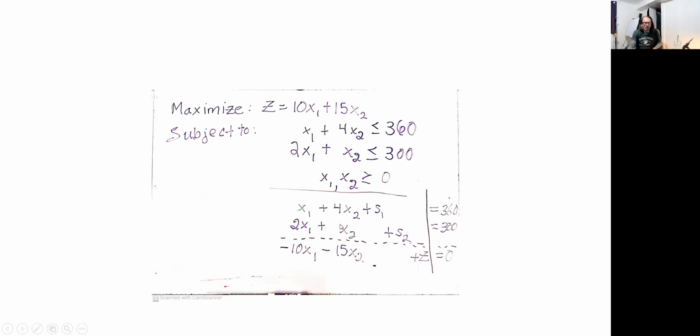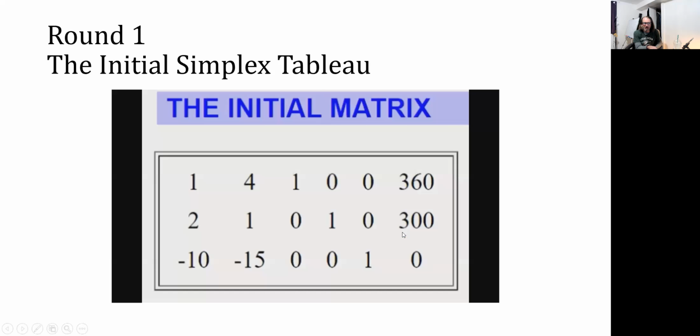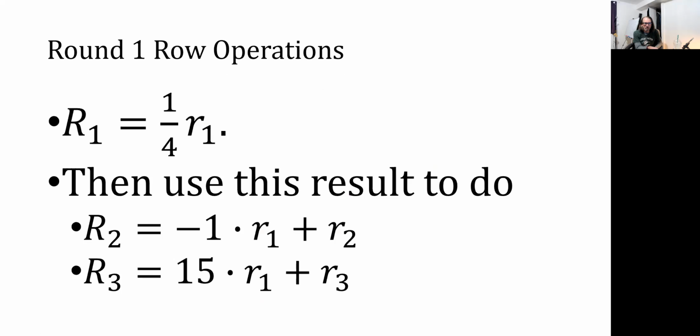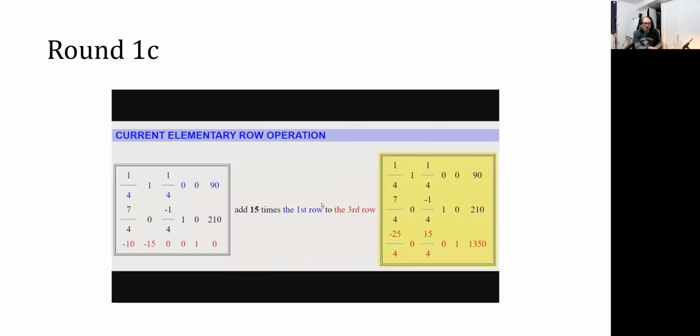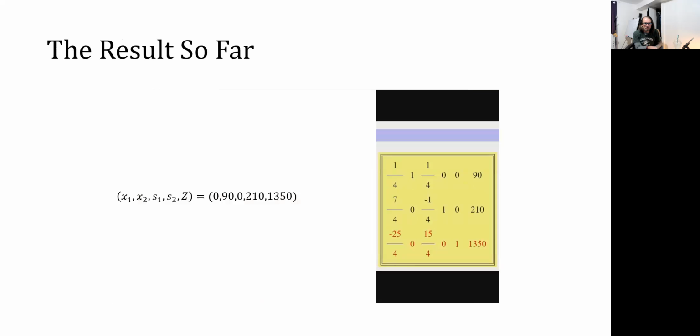So 0 plus 90 plus 210 equals 300 there. So as I said, since we still have a negative in the objective row, there's more work to do to get to the optimal solution.